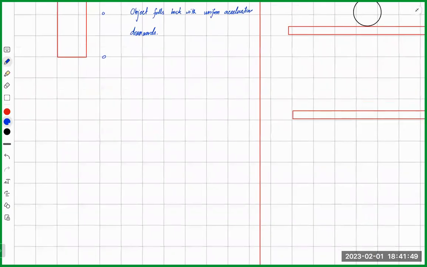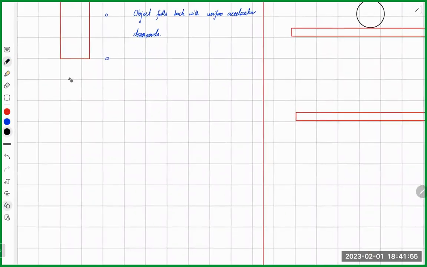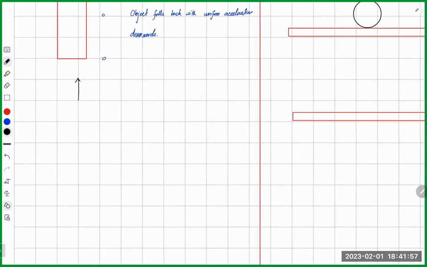Now, how can we draw this information on a graph? Like what graphs do we need to draw? First, we need a graph of distance against time.